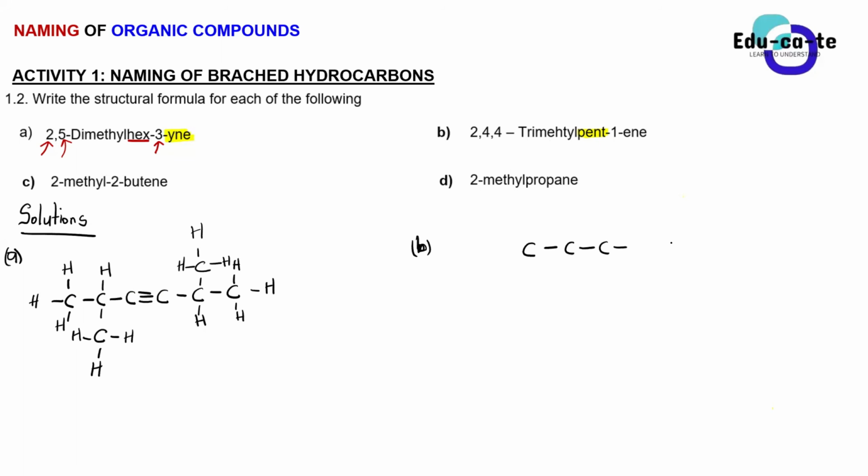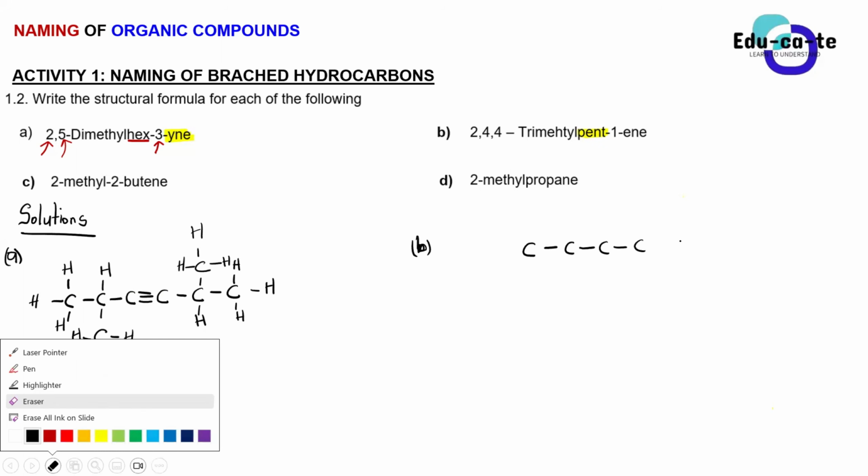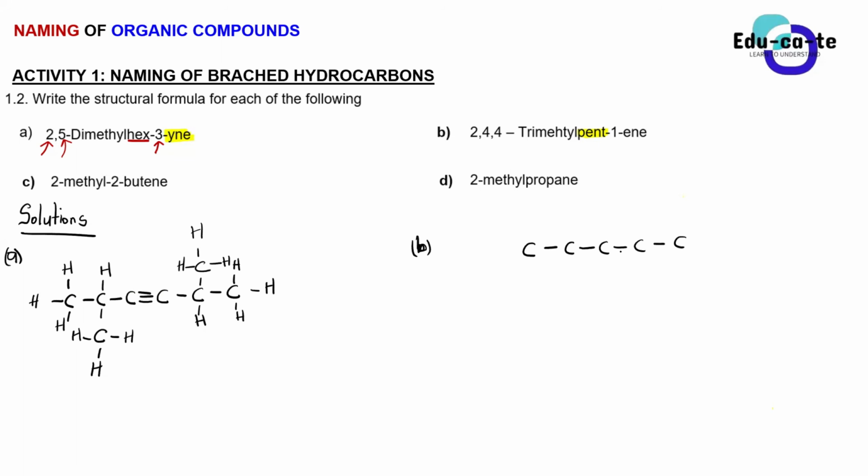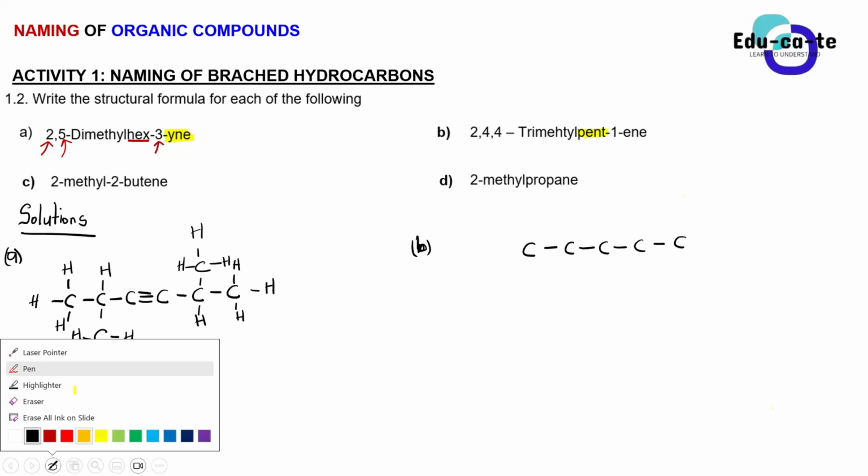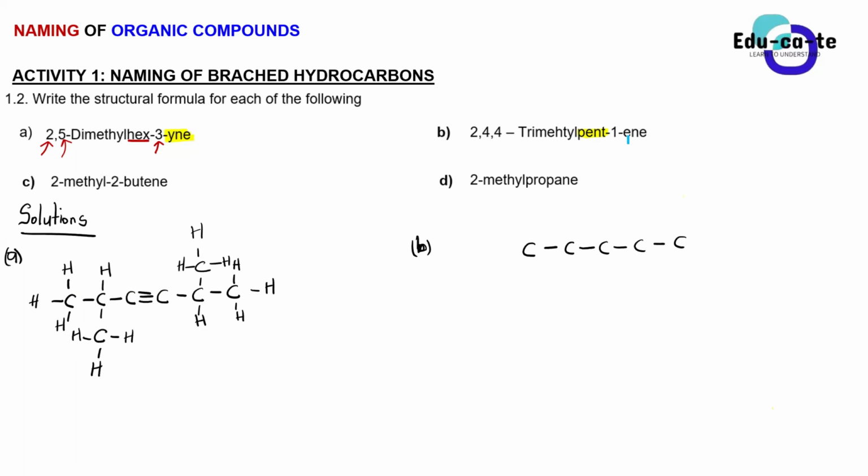You can just start with single bonds for starters, and then you decide: is this really saturated? Is this really an alkane? Let's look at the homologous series to which this belongs, or what the functional group is. Yes, Precious.